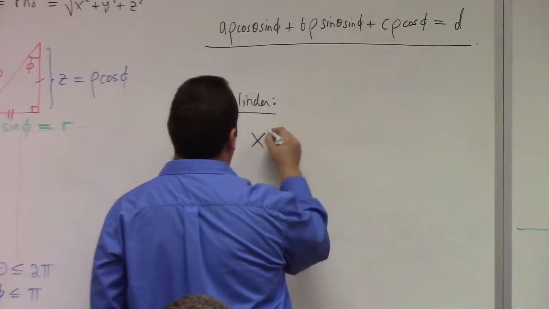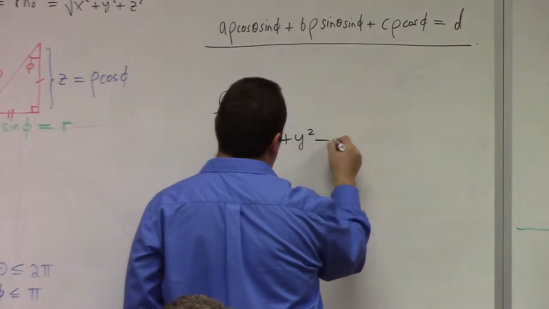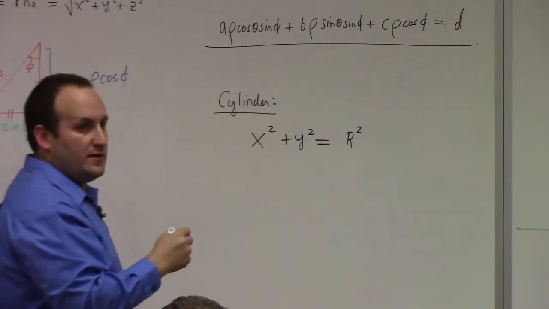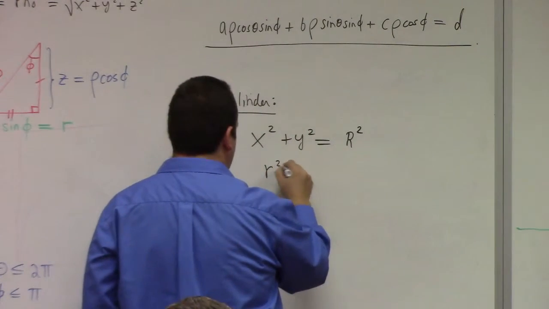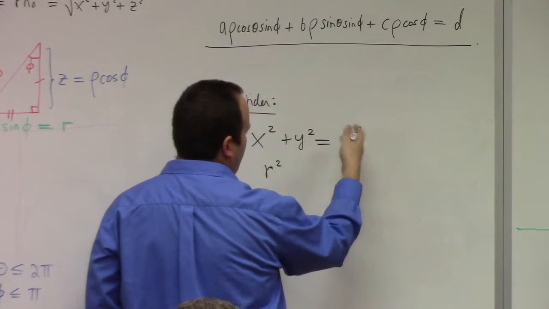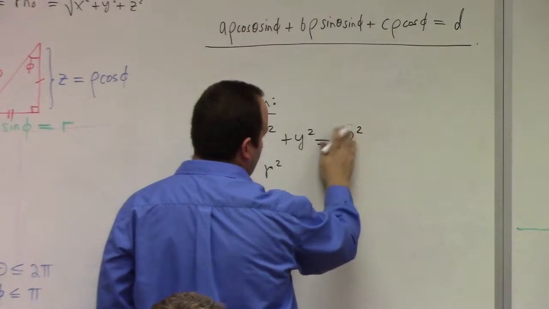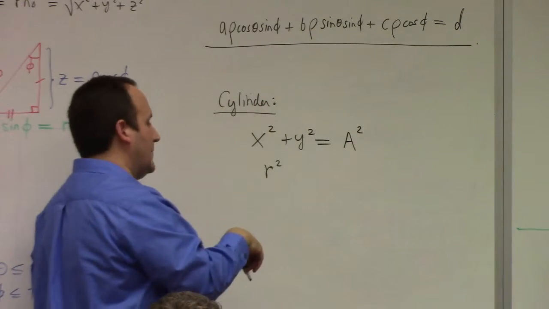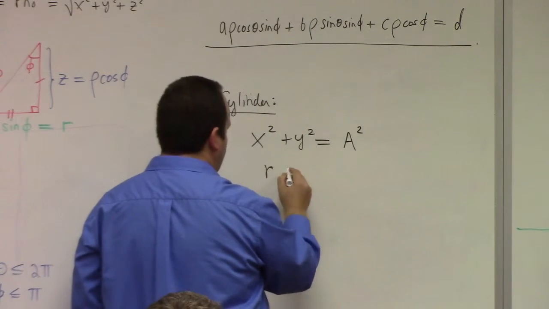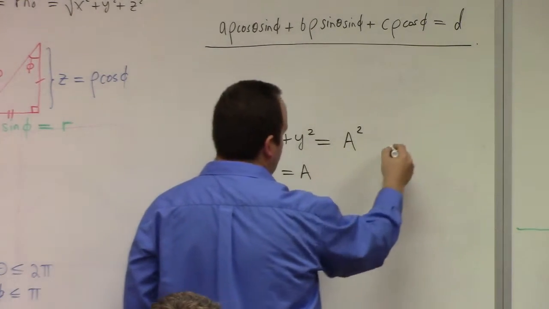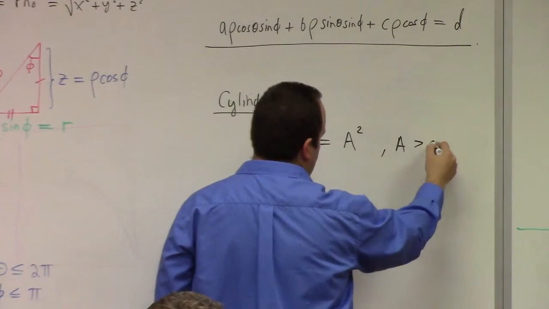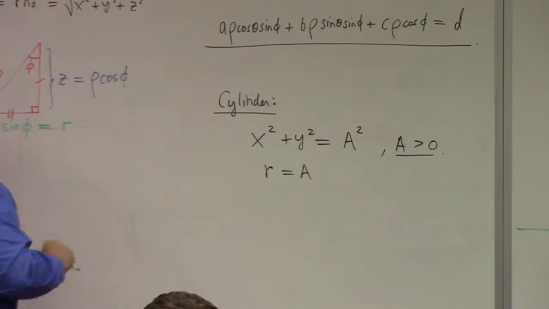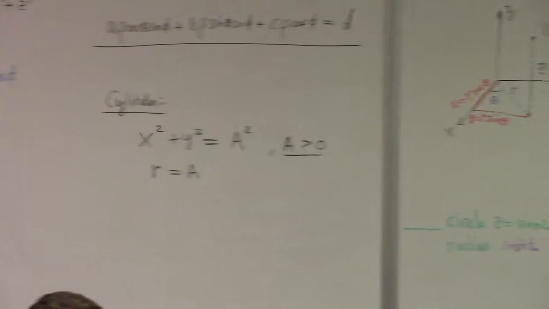If I have a cylinder x squared plus y squared equals capital A squared, for the radius, supposing A is positive, this gives r equals A. So there's the equation of the cylinder in cylindrical coordinates.